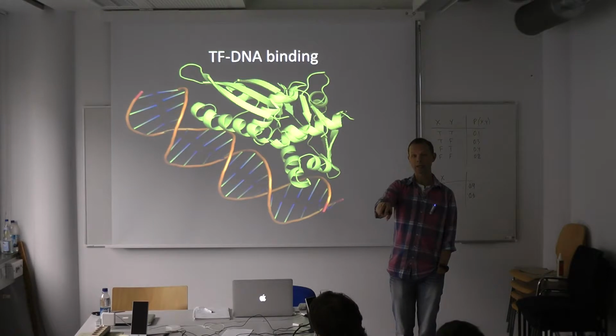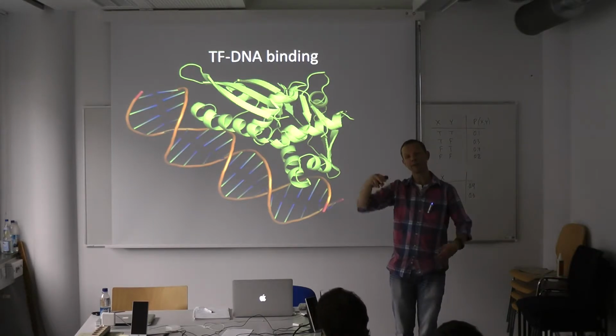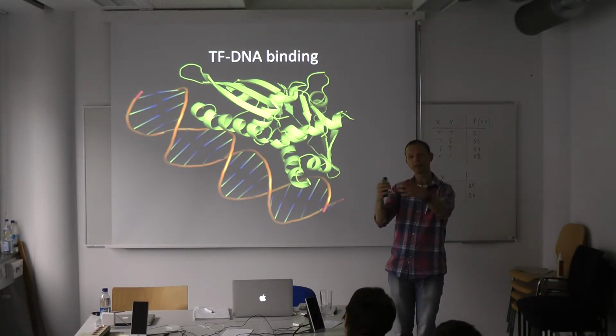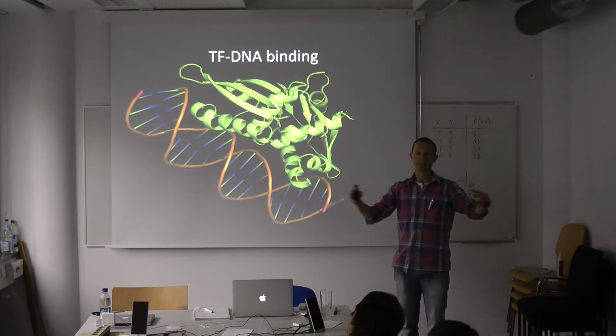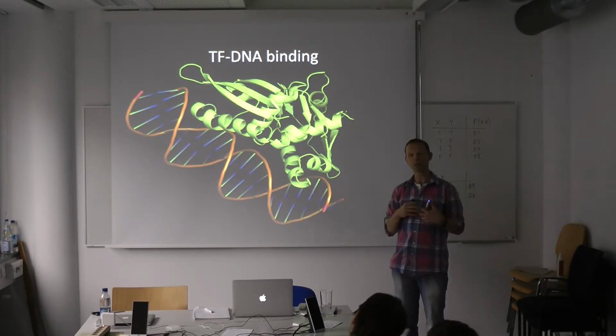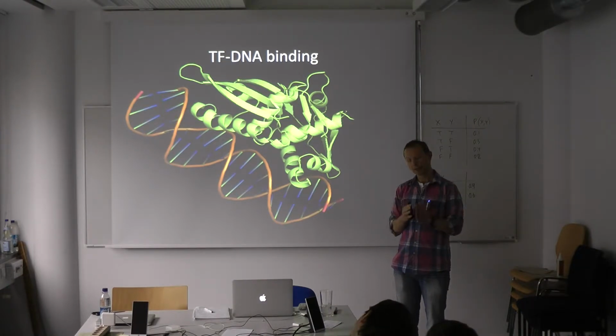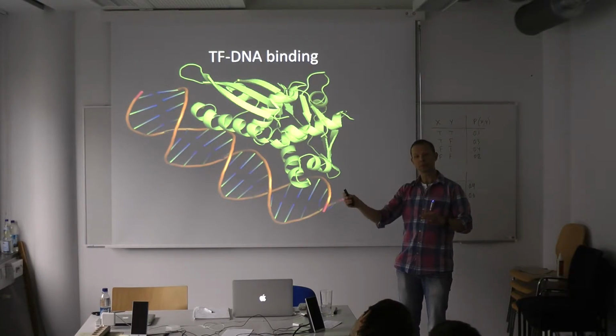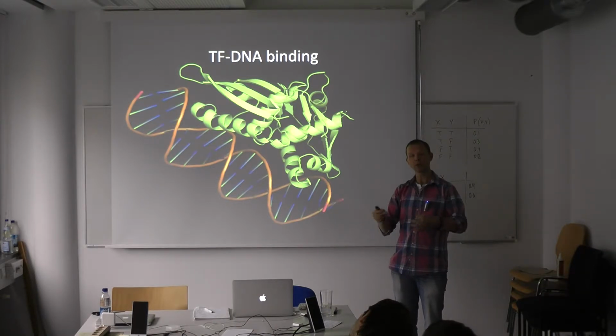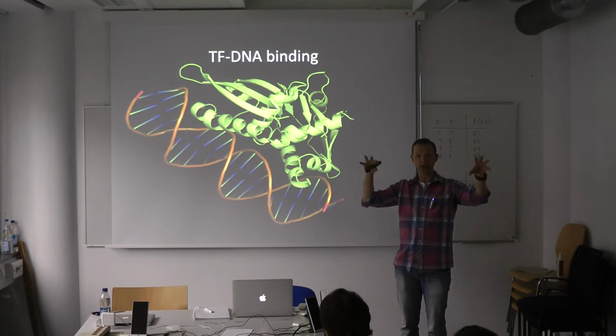So once we understand that, you probably see the power of that. We can then start to scan all DNA, or at least DNA which is likely to be regulatory in some sense, and we can identify the genes that the transcription factor is responsible or involved in modulating or regulating in some way. And we can start to unravel a regulatory network.